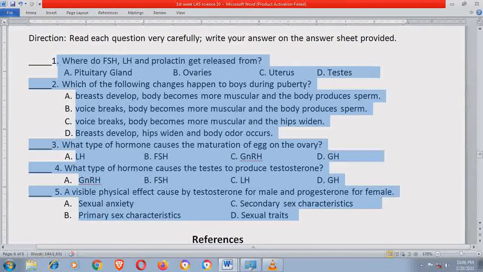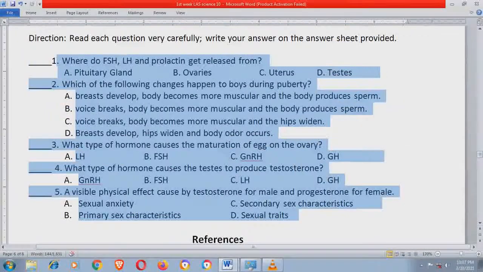Tapos sa content, si Sir Joel Voltron. Shoutout po sa inyong lahat. Maraming salamat po sa pagtulong dito sa LAS na to. Kayo po yung isa sa mga writers. Hindi lang po sa akin ito. This is for all of us, science teachers dyan sa school natin. Maraming salamat po sa inyo.